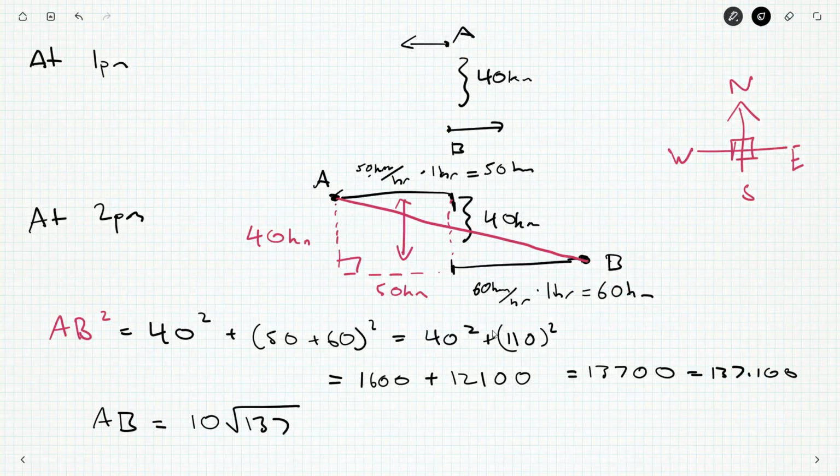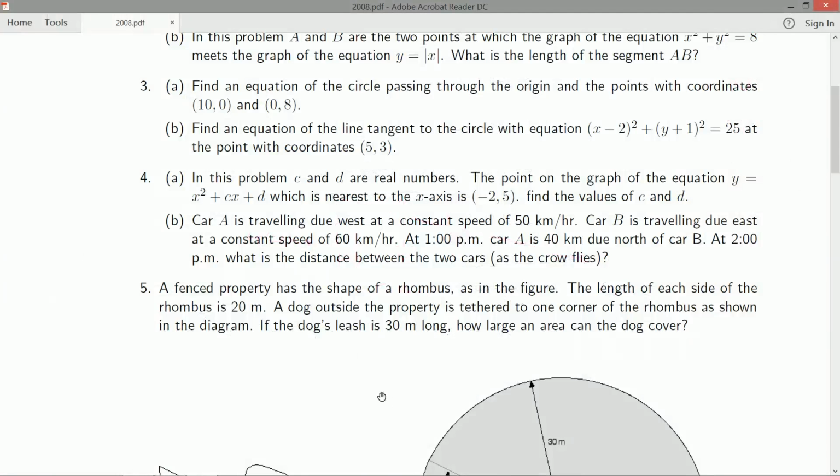Not divisible by 11. And it can't be divisible by 13 either because of that 7 there. So, yeah, there's our distance, 10 root 137. And I guess we should say kilometers.